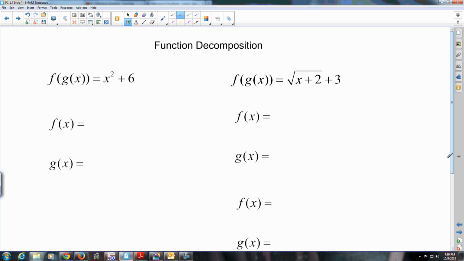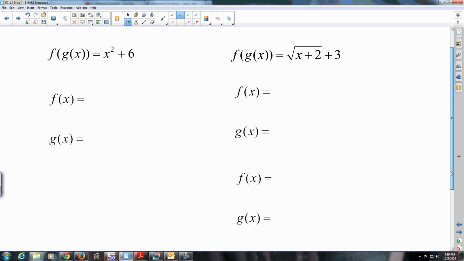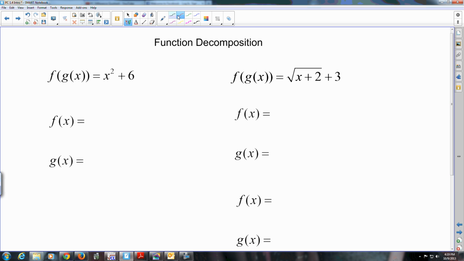Okay, function decomposition. Once you guys get a little more comfortable with this, I actually think function decomposition is kind of fun. You've done a composition of functions. You've put two things together. What could they have come from? This first one may not be all that instructive, but I'm hoping the second one is. If you've done the composition of two functions, how about x plus 6 is f of x?